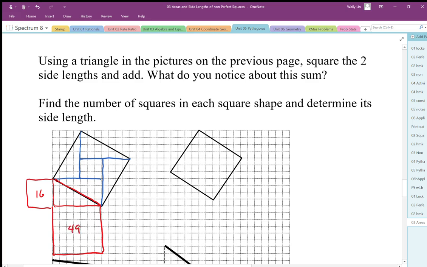What seems to be happening is this square and this square together can fit inside that square. It's hard to say because it's on a diagonal, but we can calculate the area of that square. Here we have 65 squares between these two squares.